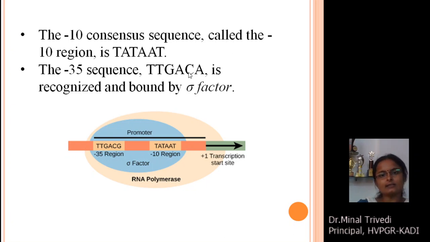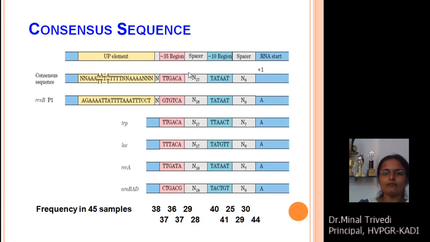The -10 consensus sequence is known as TATAAT, and the -35 sequence is known as TTGACA. These consensus sequences are recognized by the RNA polymerase and bound by the sigma factor of the RNA polymerase holoenzyme.